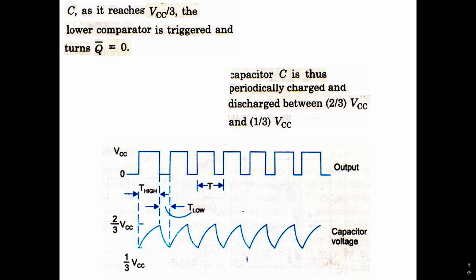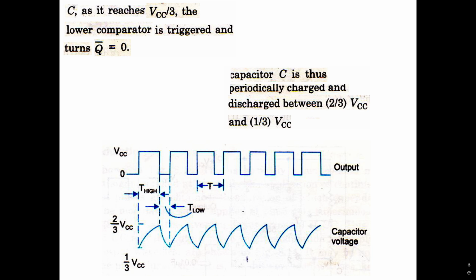And these are all the waveforms associated with the astable mode of operation. So the output is going to be a square wave with an on time and off time, that is T high and T low.